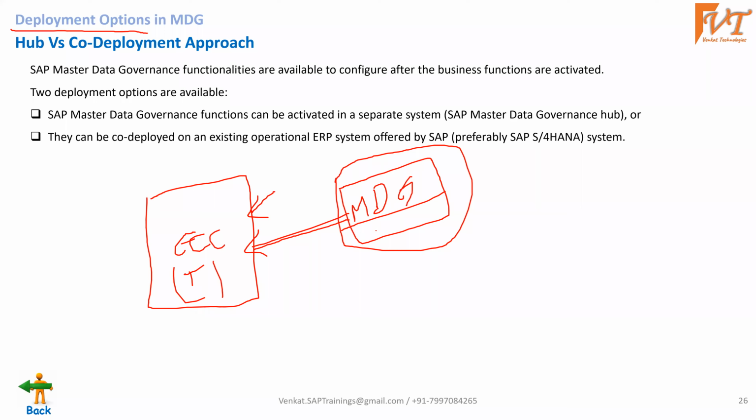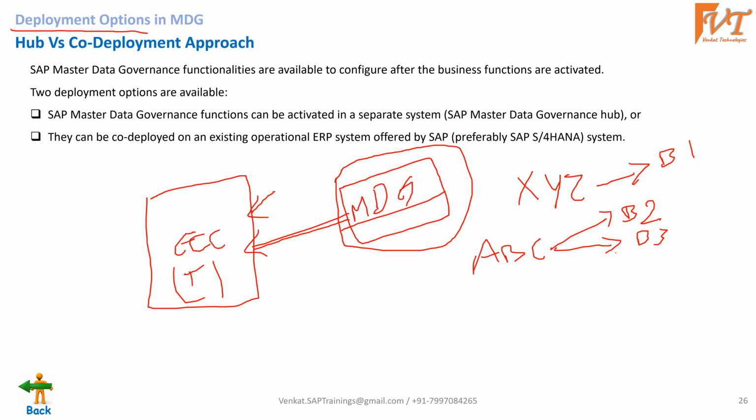XYZ customer wants to implement MDG for their single business unit, business unit 1. And there is a customer ABC. They want to implement MDG for their various business units. So we have the two customers.